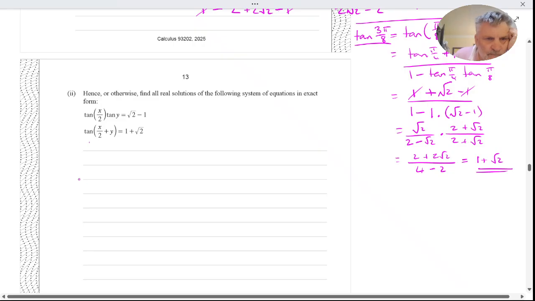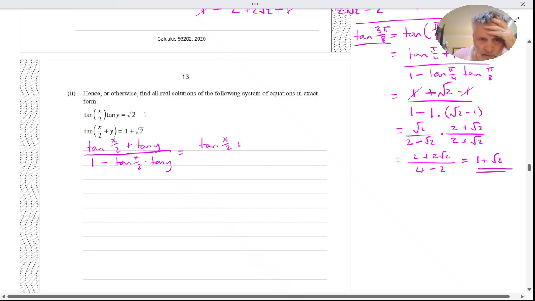tan of x over 2 plus y is tan x over 2 plus tan y over 1 minus tan x over 2 times tan y. I'll write it as a fraction.